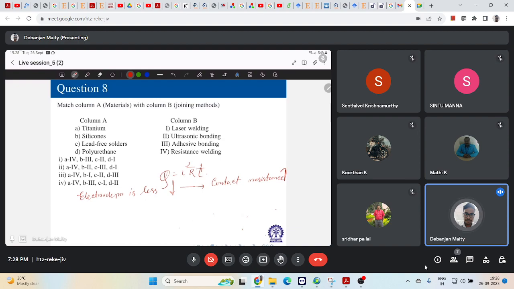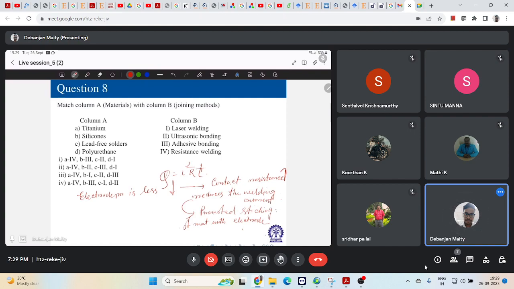That reduces the welding current that you want to flow through the material, and for this there will be some sticking behavior. So that promotes sticking of material with the electrode, correct?